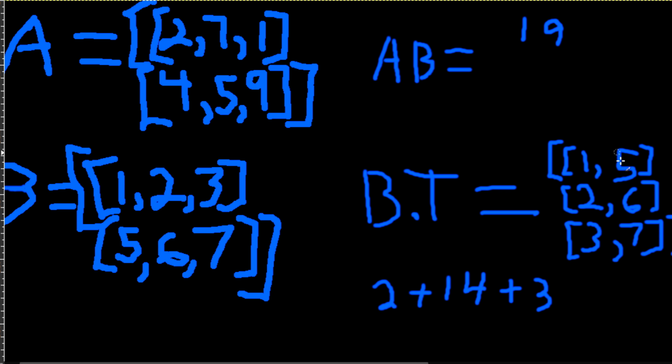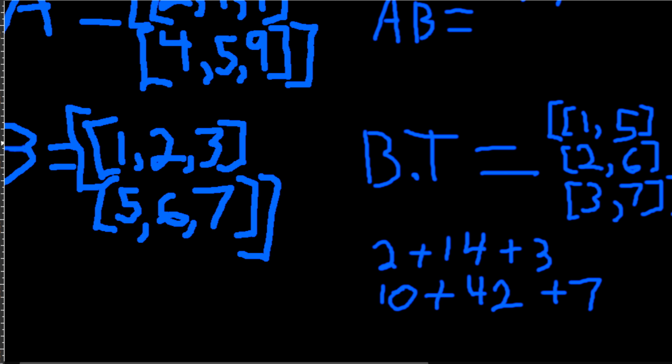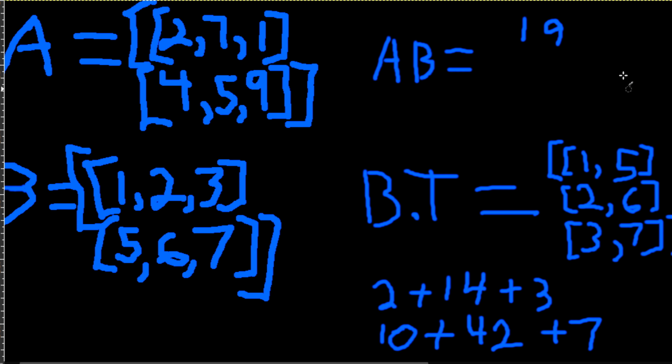So 2 times 5 is 10. And 7 times 6 is 42. And 1 times 7 is 7. Now 10 plus 42 is 52. 52 plus 7 is 59. So 59 goes here, 59, comma. Now this first row is complete.